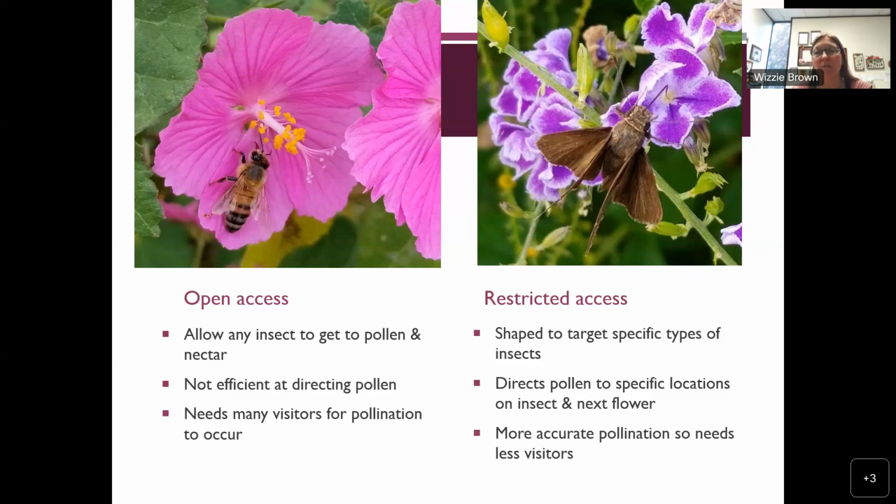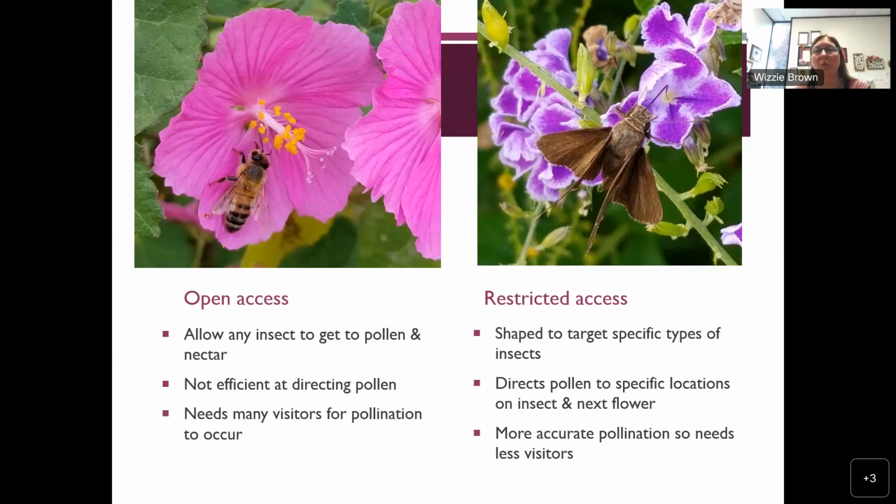These flower types aren't really efficient at directing pollen onto a particular insect, and so they need lots and lots of visitors for pollination to occur. If we look at our flower on the right-hand side, that is going to be a restricted access flower, and those are going to be specifically shaped to target placing pollen on an insect when it comes in to get that nectar reward.